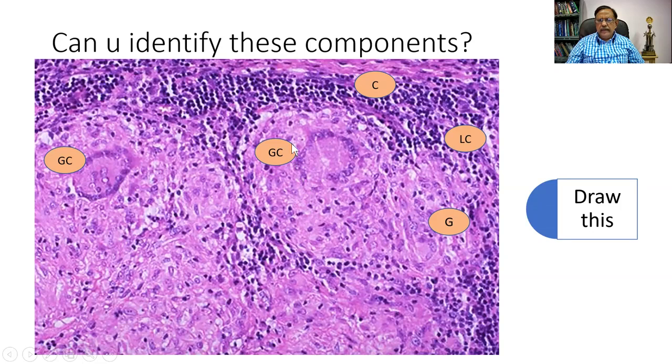Also, I find a large cell with multiple nuclei. The nuclei are all arranged circumferentially in the shape of a horseshoe or a necklace. And this is the Langhans giant cell, classical of tuberculosis. Here I am finding another giant cell.